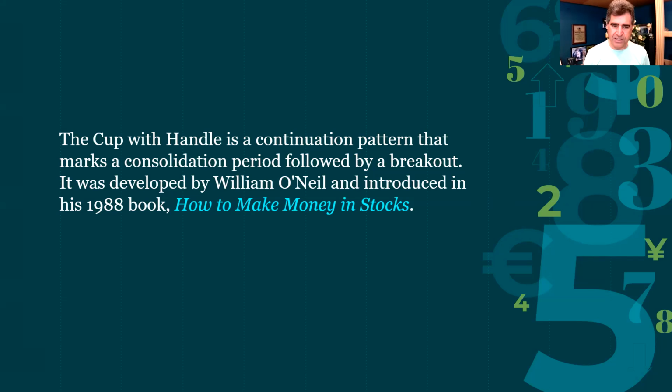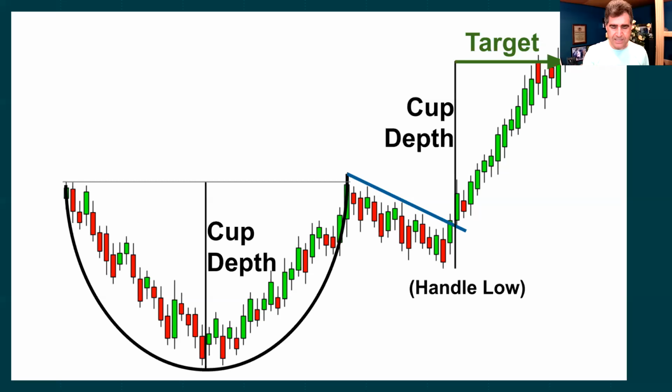That's how I started, in 1988. Not a lot of services followed this, but it is very visual. As you can see, this is all it is. You have a cup, which is really a saucer. It's a consolidation after, again, a big move. This is a bullish consolidation.